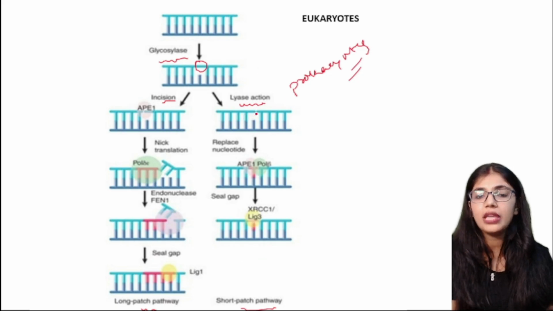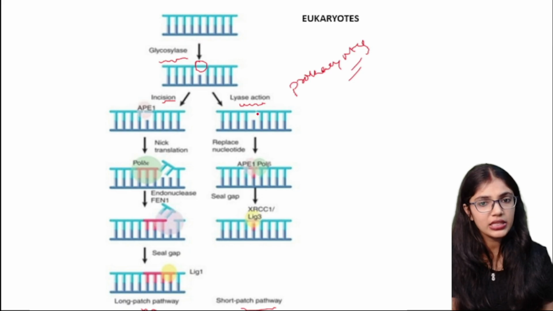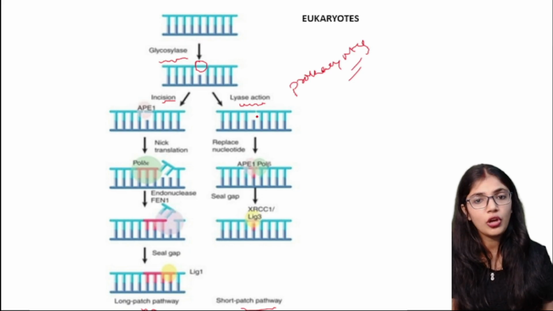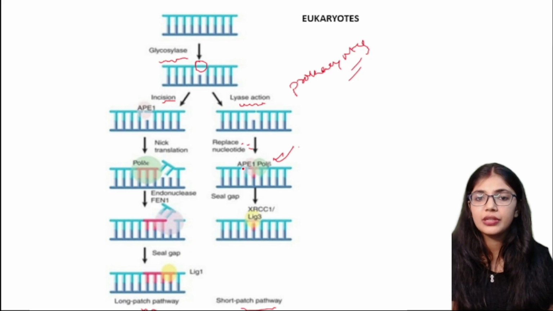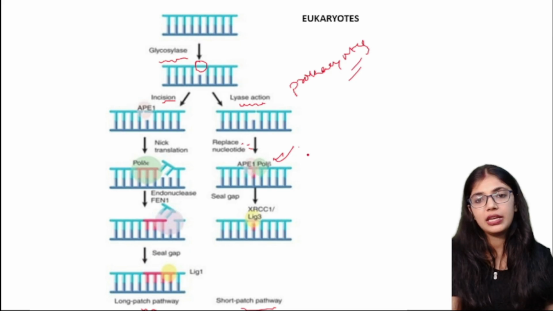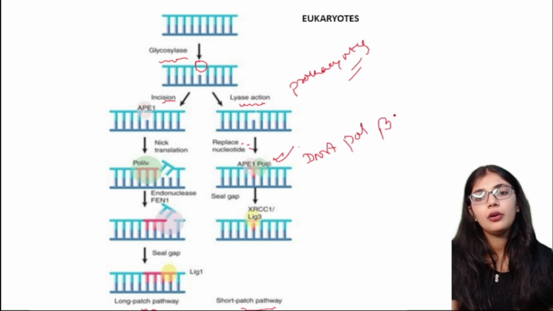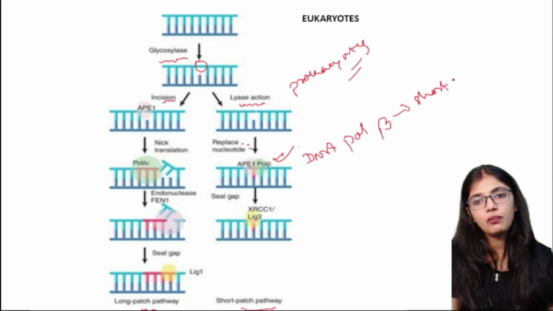So what happens here? There is involvement of DNA glycosylase till this point. Here there is a purine or a pyrimidine site. Next, this nucleotide will be replaced by DNA polymerase beta. Here there is involvement of AP endonuclease 1, which is cleaving the DNA, and it has been filled by DNA polymerase beta. DNA polymerase beta works for the short patch pathway.